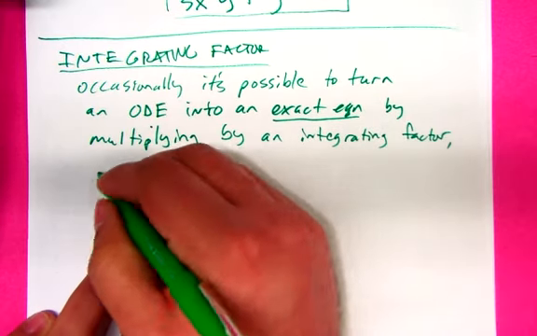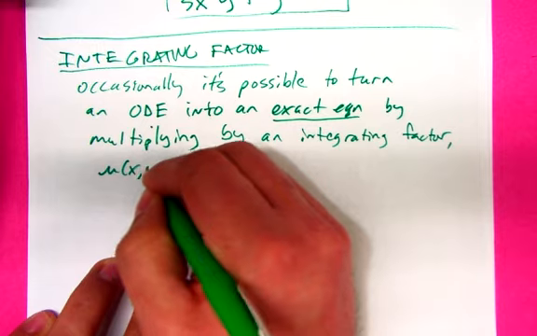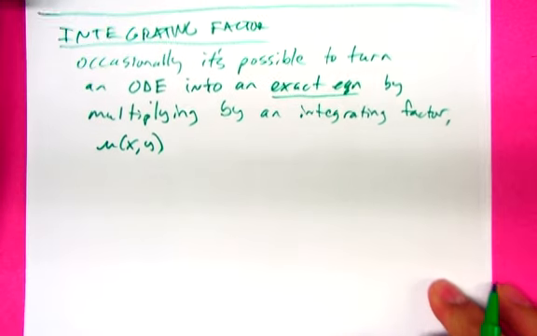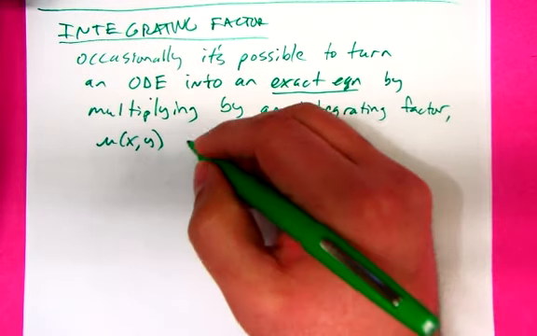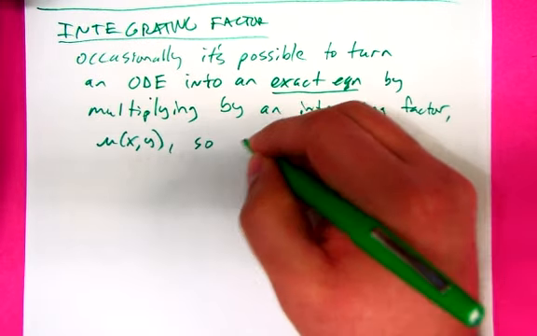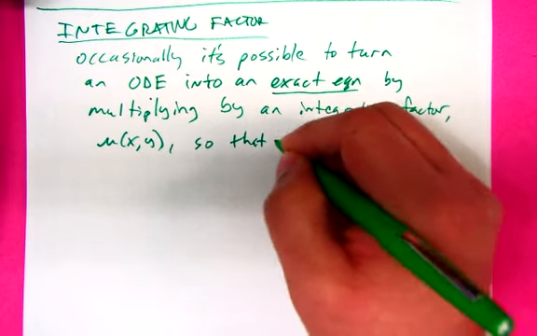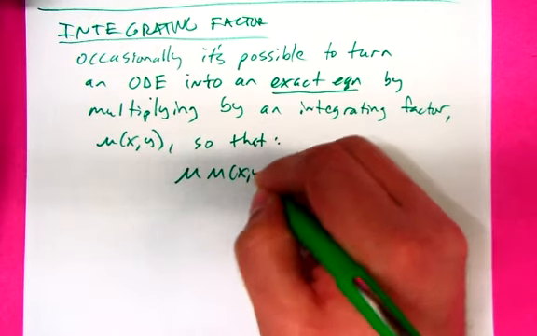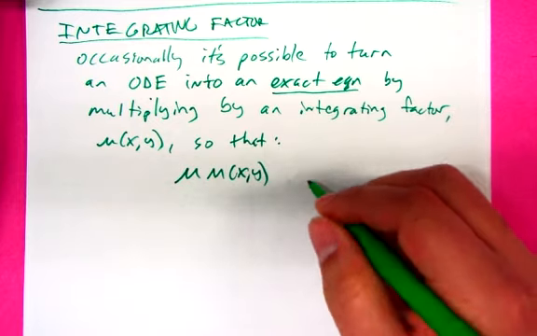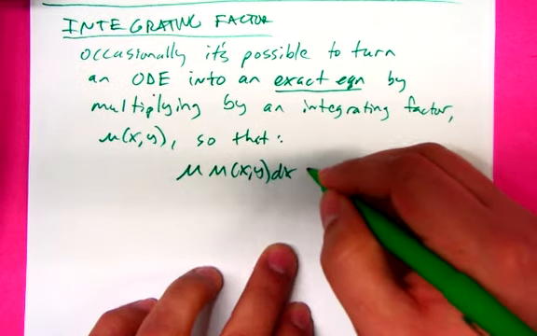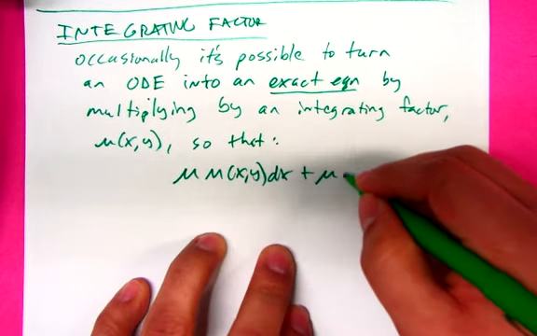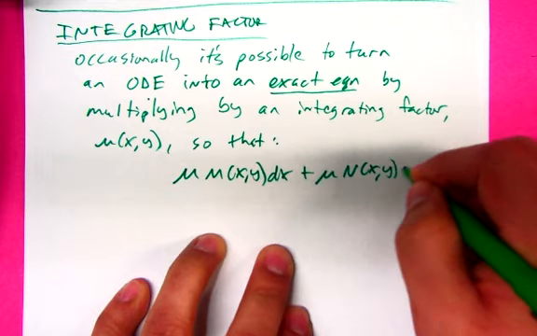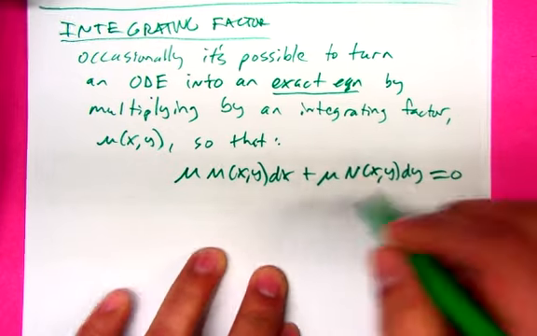We'll call it mu of xy. So that now mu of M of xy dx plus mu of N of xy dy equals 0 is exact.